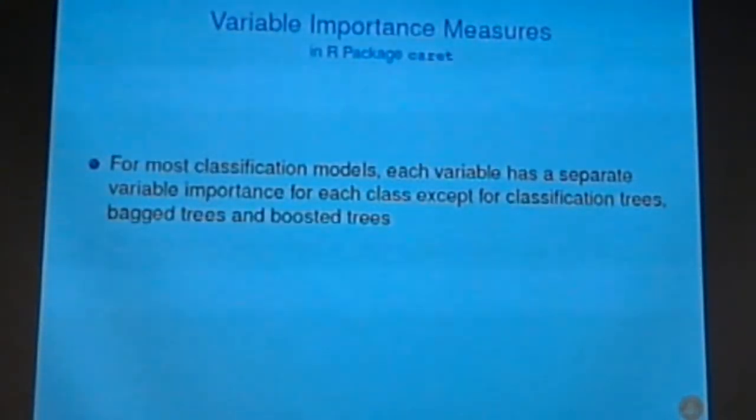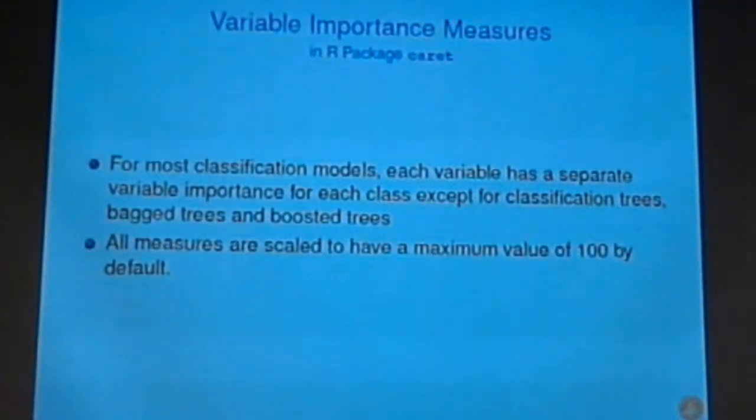I talk about variable importance measures in caret. For most classification models, each variable has a separate variable importance for each class, except for classification trees. At the moment, we haven't talked about bagged trees and boosted trees yet, so some of this we have to skip. All measures are scaled to have a maximum value of 100 by default. So basically, this is variable importance.